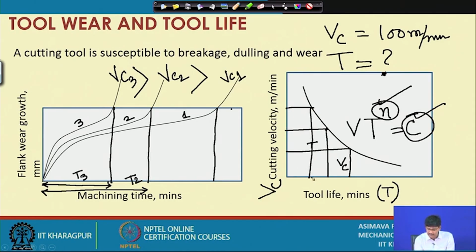But I do not know the value of n and c, so how can I simply pass a curve? What we do is first carry out a number of tests, and on a log paper we can plot those points and pass the best-fit straight line through them.